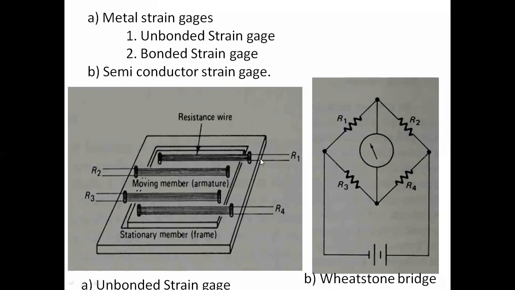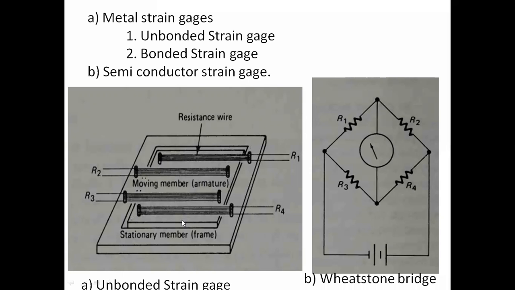One slot is fixed on the stationary member. If we consider the resistance R1, one pole, we can call it a slot or pole, is placed on the stationary member, and the other pole is placed on the moving member.